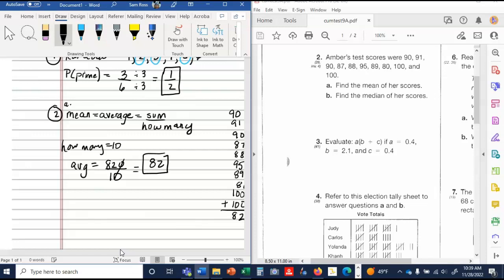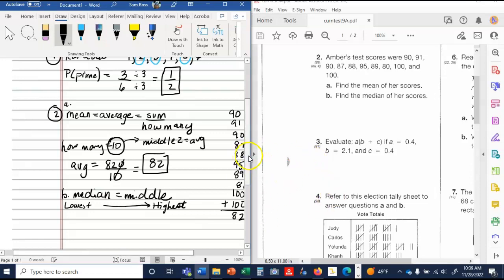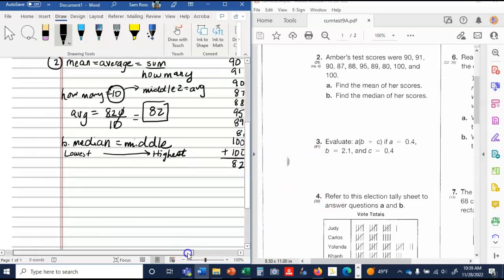And that's just A. B gets kind of interesting because it's looking for median, which is equal to the middle. So I'm going to have to list my scores from the lowest to the highest in order, and then find the middle. Now, since I have 10 scores, I may have to find the middle 2 and average those. But let's see what we've got. And you might want to write all of that down.